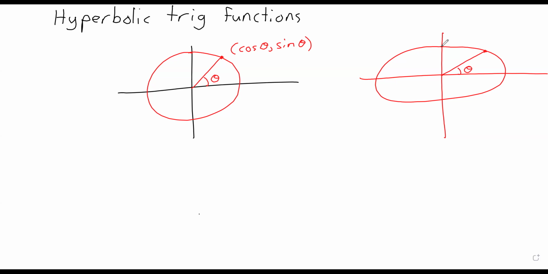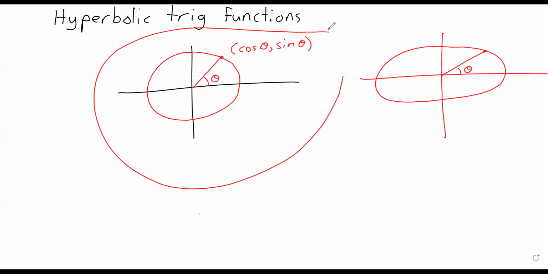But what people do is take this definition and replicate it with hyperbolas. Circles are a conic section, and hyperbolas are a conic section. So we're not just selecting stuff at random here. There's a reason hyperbolas get selected.